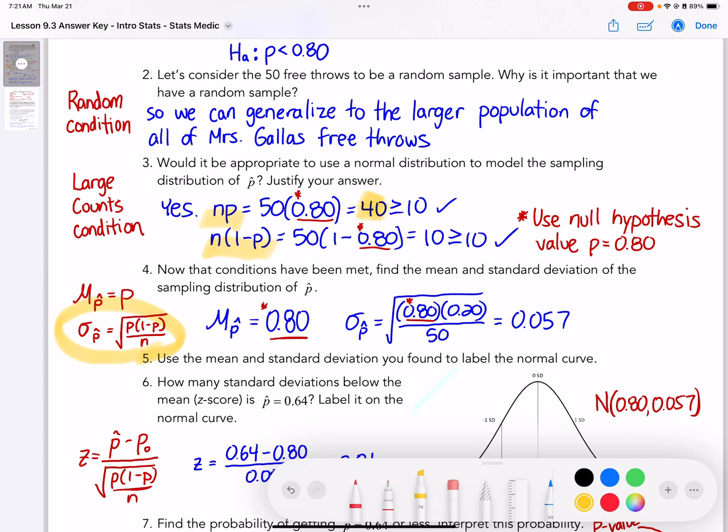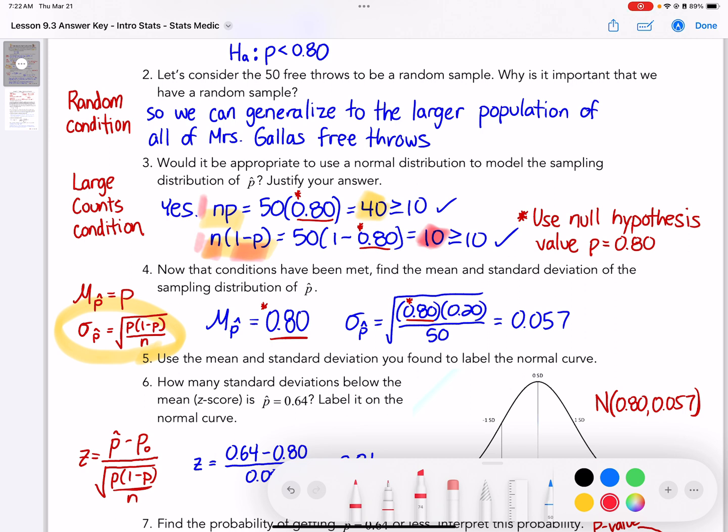And the failures are the number that I attempted times the percentage of times I missed. Both my successes and failures have to be greater than or equal to 10. The way I get them is the number of shots times the proportion that I made, and the number of shots times the proportion that I missed. Both of those numbers have to be bigger than 10.